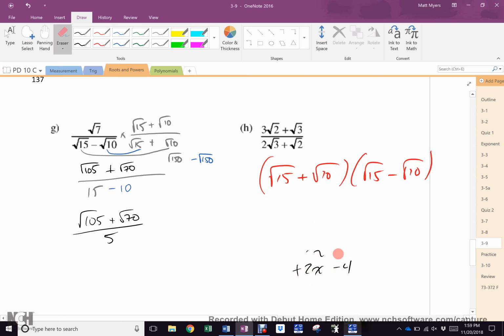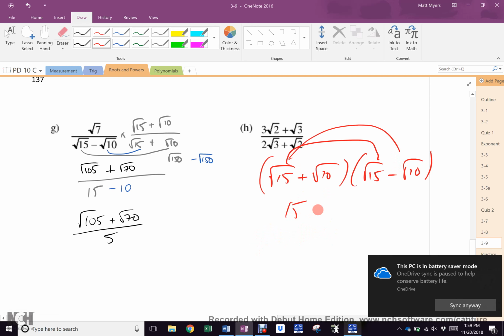Okay, now, root 15 plus root 10 times root 15 minus root 10. Do that. You know you can also check your work after? Yeah, do that. I don't know if you're thinking. You don't need to. What's the root of x times the root of x? So what's the root of 15 times the root of 15? 15. What's root 15 times negative root 10? Is that one 150? That is negative root 150.